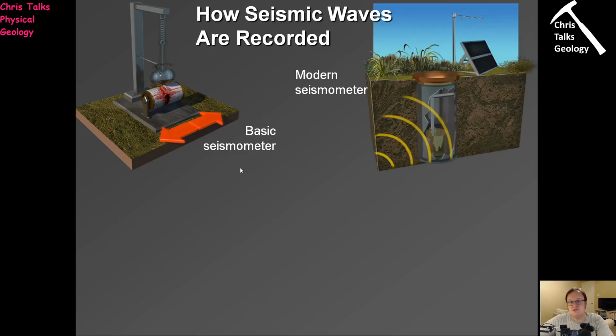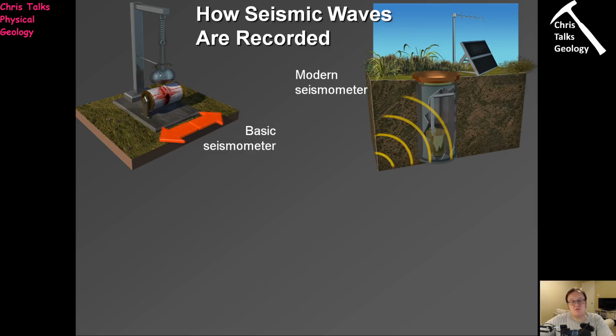More modern seismographs are within these steel containers, and they have a solar cell for power supply. They'll have an antenna to relay the information straight to the lab. These seismographs are a little bit more advanced.